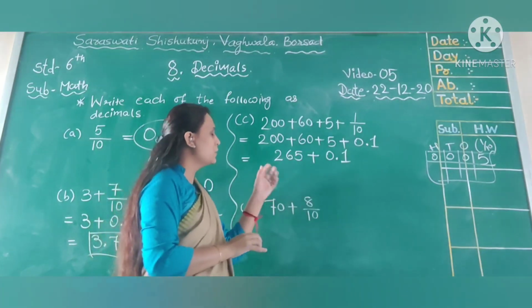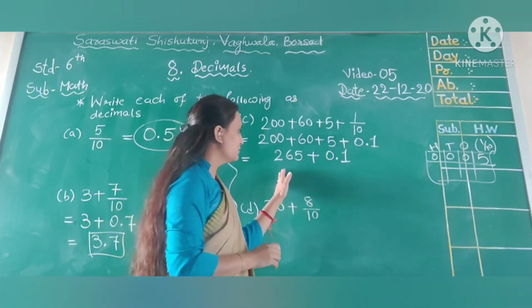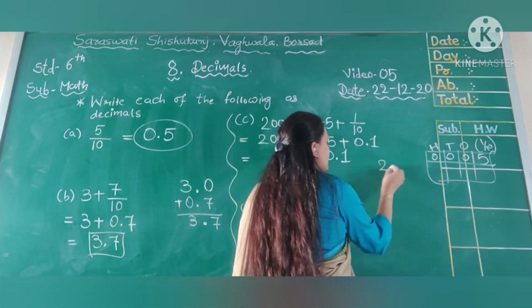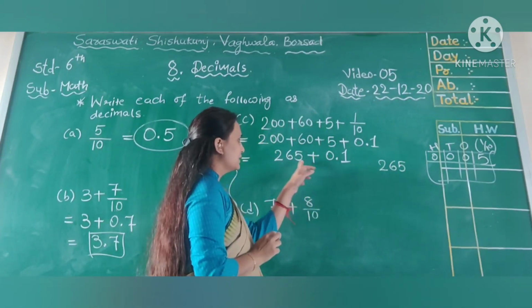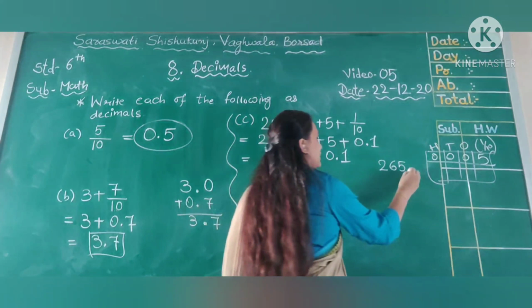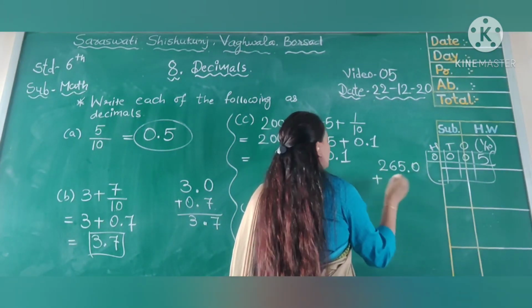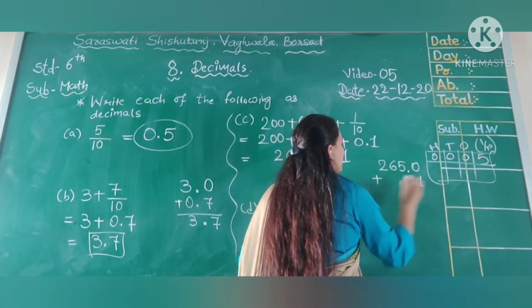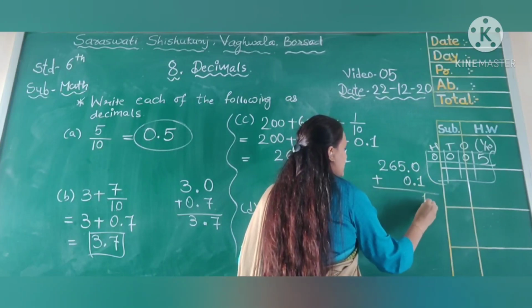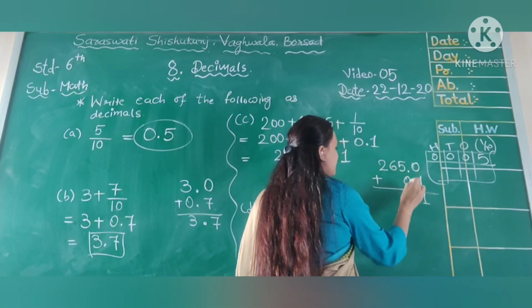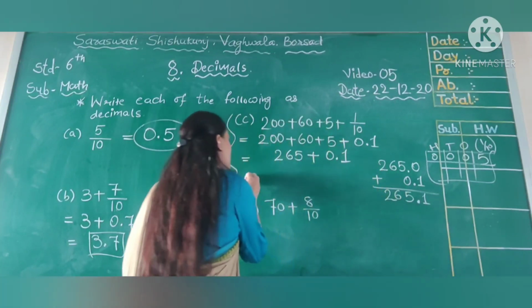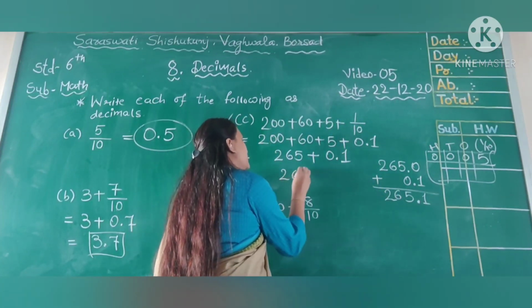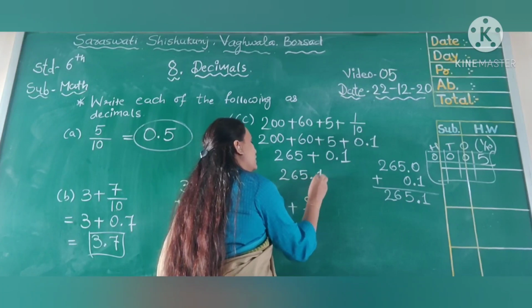Now we have to add these two numbers, so we can write 265 as 265.0, since there is no decimal part, plus 0.1. So 0 plus 1, 1, the decimal as it is, 5 plus 0, 5, 6 as it is, and 2 as it is. So the answer is 265.1.